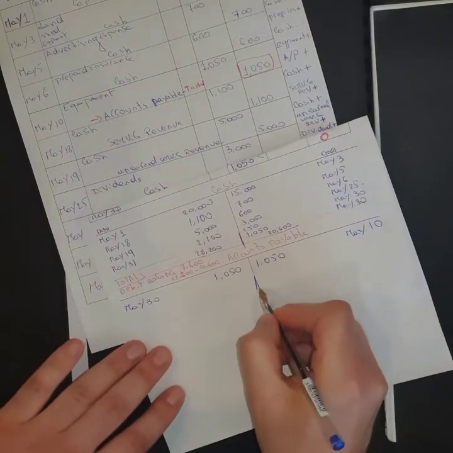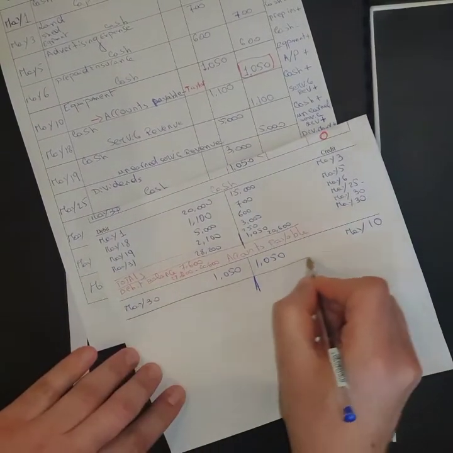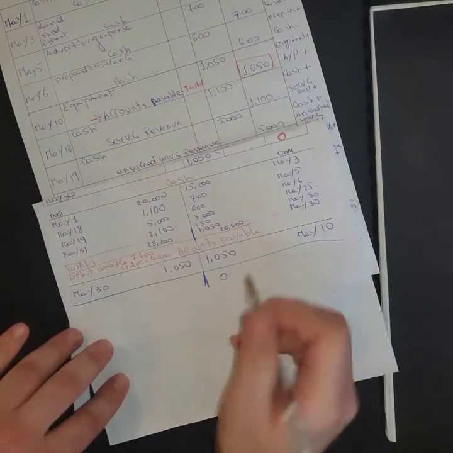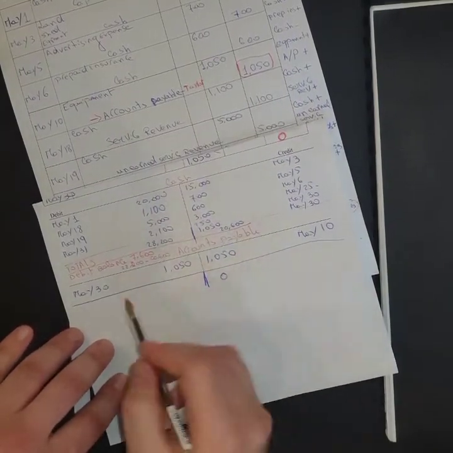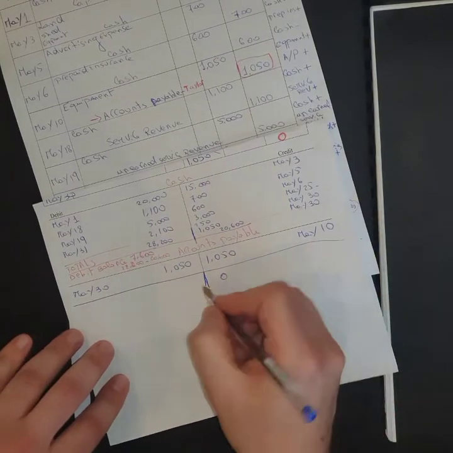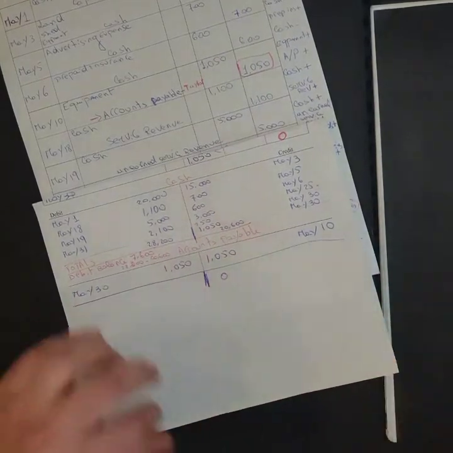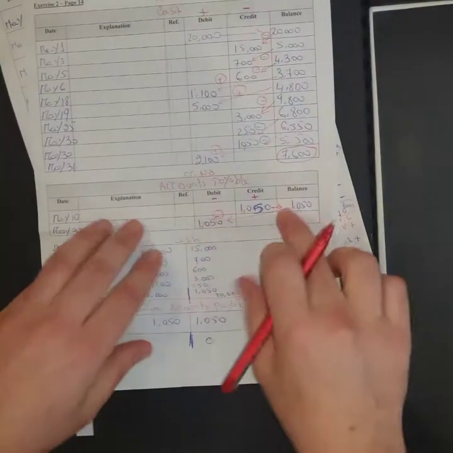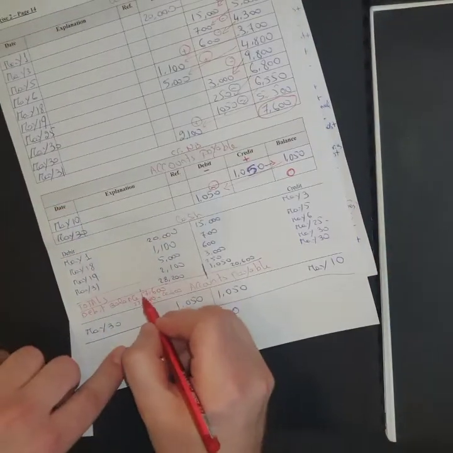We have no more dates for accounts payable, so the balance here is 0. We have no balance since the debit equals credit, so 1,050 minus 1,050, so we have 0 balance for accounts payable.